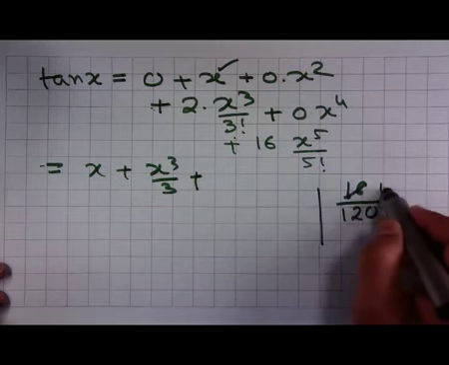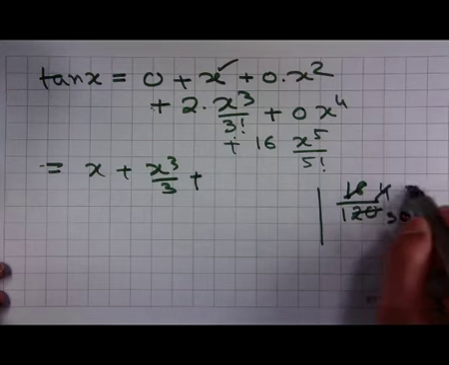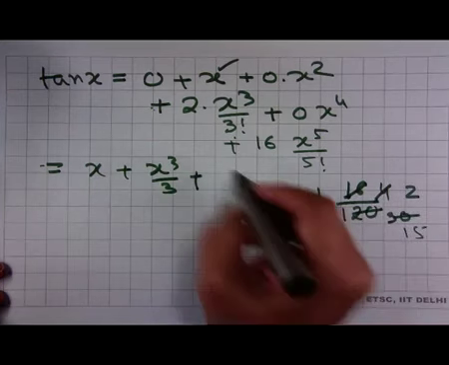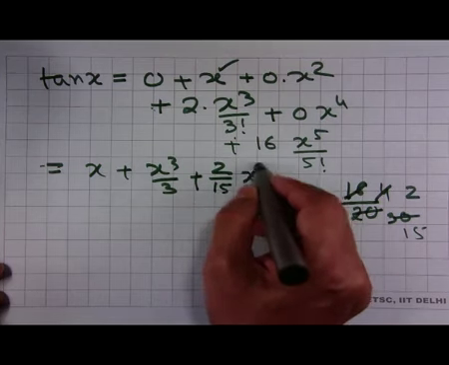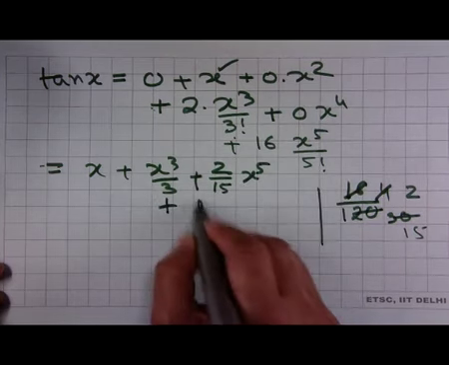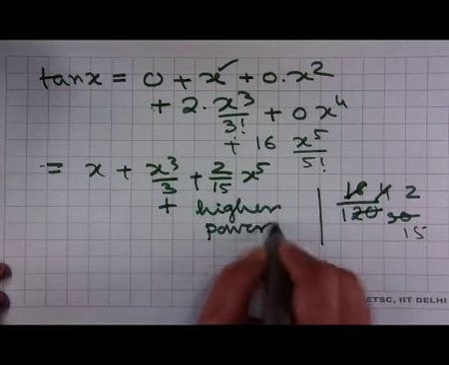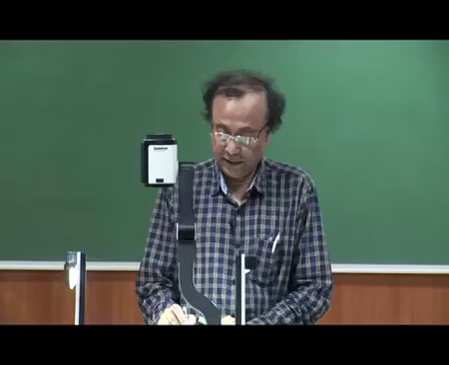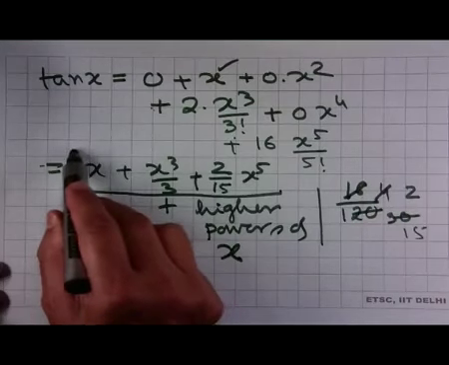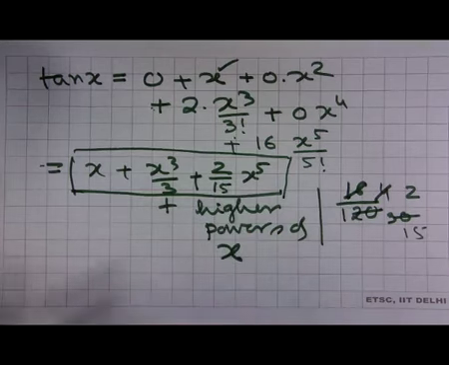So, this is 4 upon 30, which is equal to 2 upon 15, times x to the power 5 plus higher powers of x. Thus, we get an approximation of tan x in the form of a polynomial up to 5th power of x.